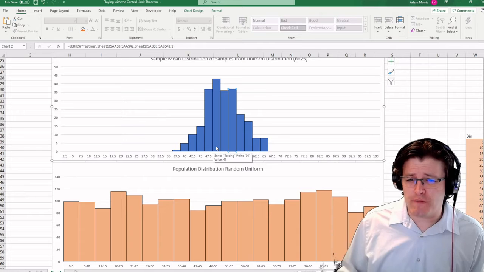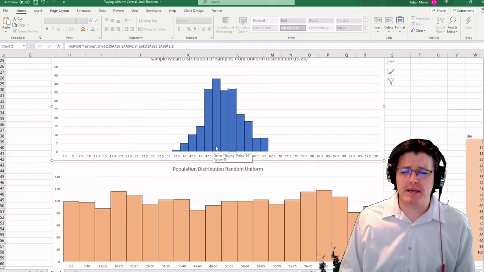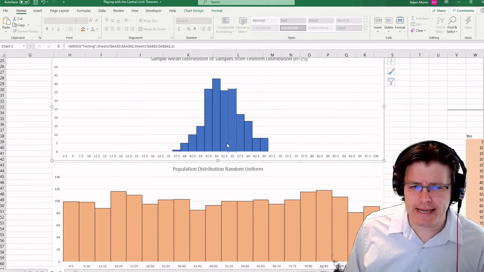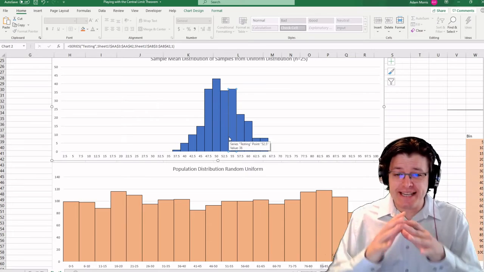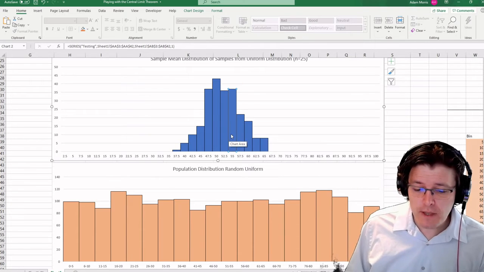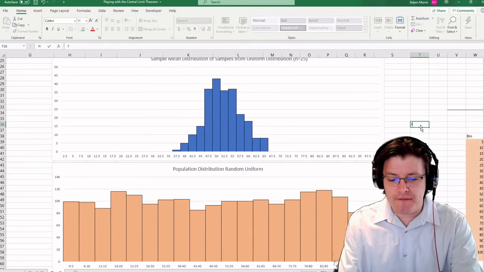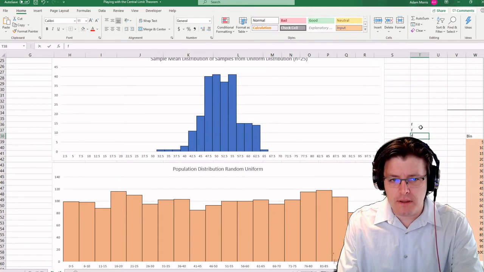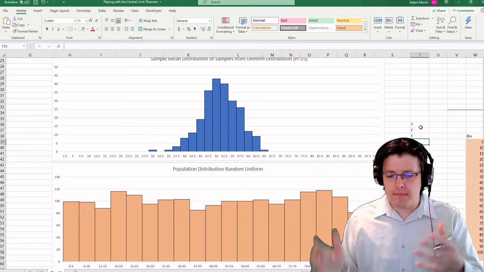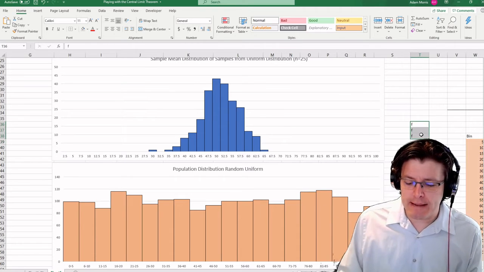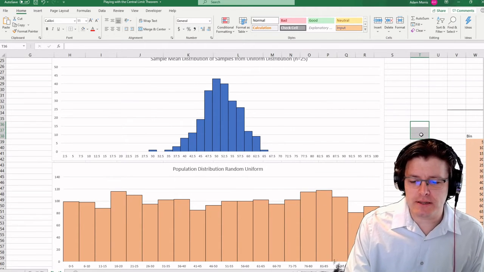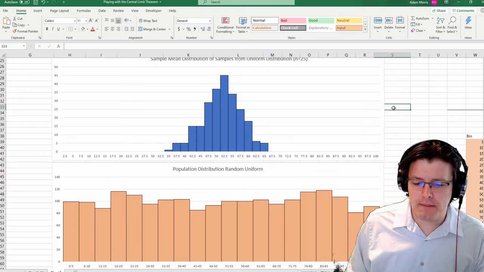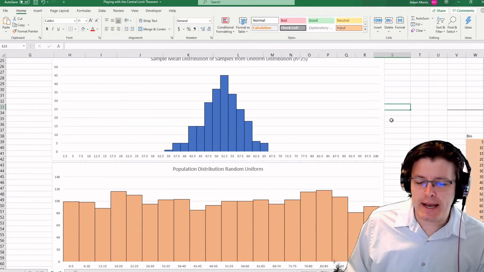Again, this is only 240, so it might be cleaner if I had pulled it down to 1,000 or something. But we can see the distribution become normal, and it varies a little bit every time we update the sheet. With only 240, it's not perfectly normal. It still has a little movement, but you can see that in action.